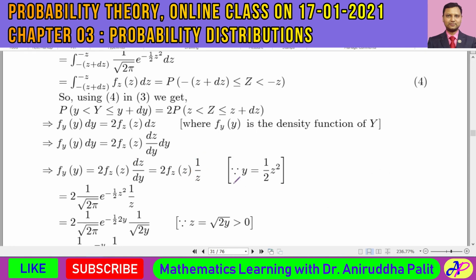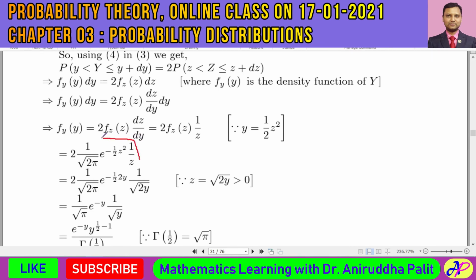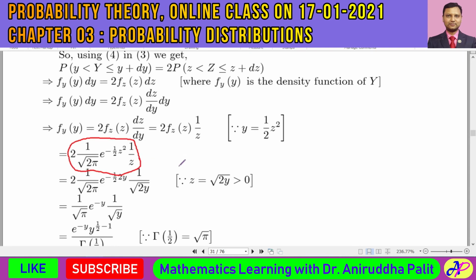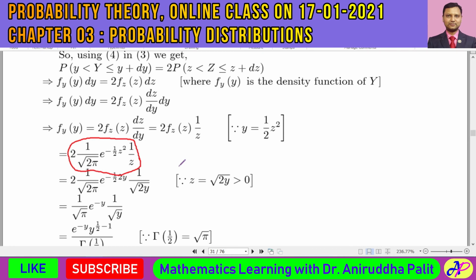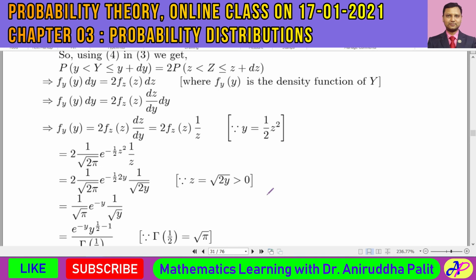Now we have an expression involving the real number z, and this expression of z has to be converted into an expression of y. If y is equal to half of z square and we consider z greater than 0, then z has to be taken as the positive square root of 2y.